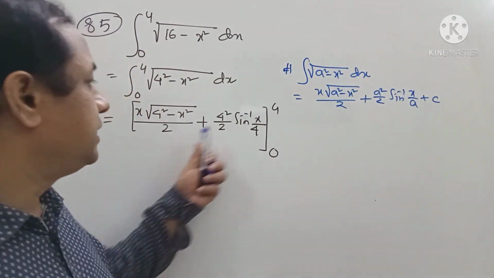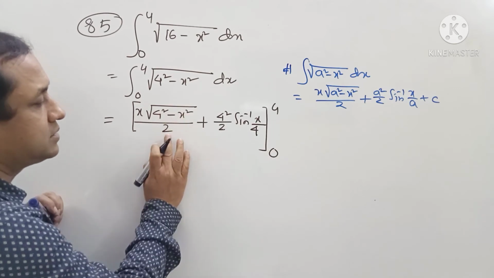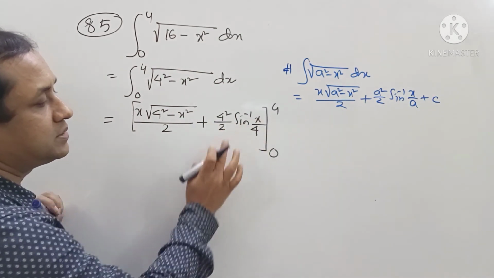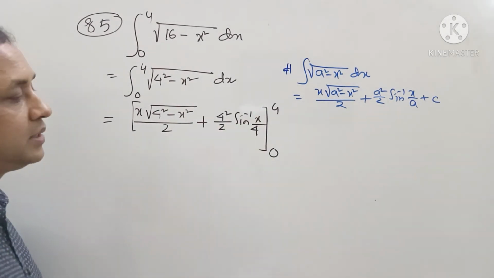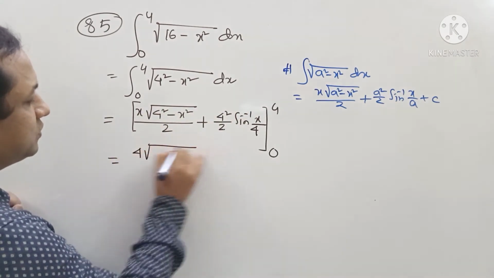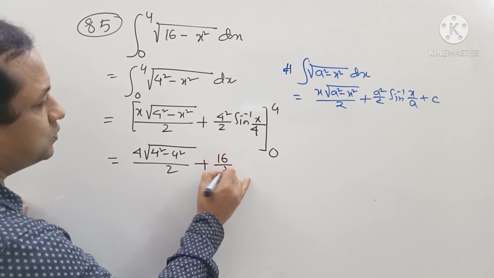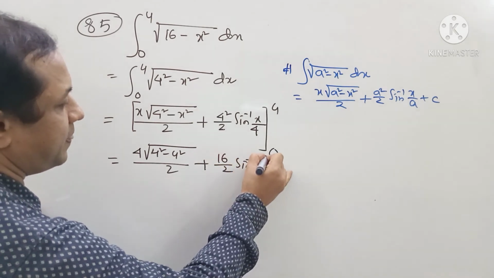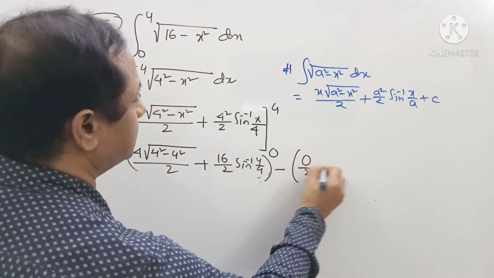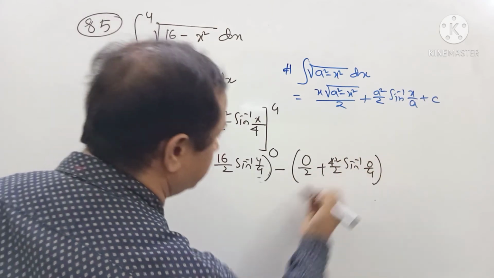So student, using this formula, x root over 4 square minus x square by 2 plus 4 square by 2 sine inverse x by 4. Now putting x equals 4: 4 root over 4 square minus 4 square by 2 plus 16 by 2 sine inverse 4 by 4, minus the lower limit x equals 0: 0 plus 4 square by 2 sine inverse 0 by 4, which is 0.